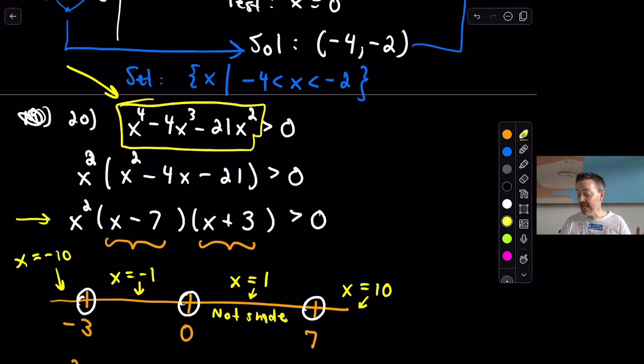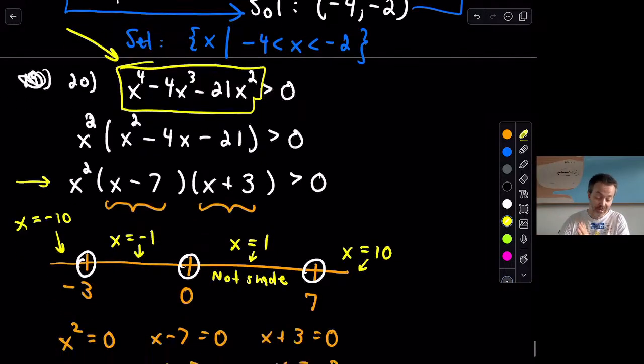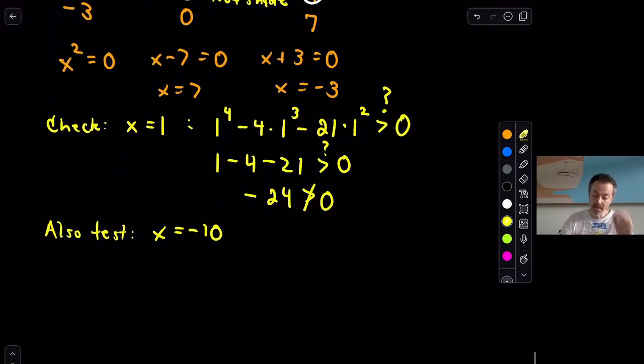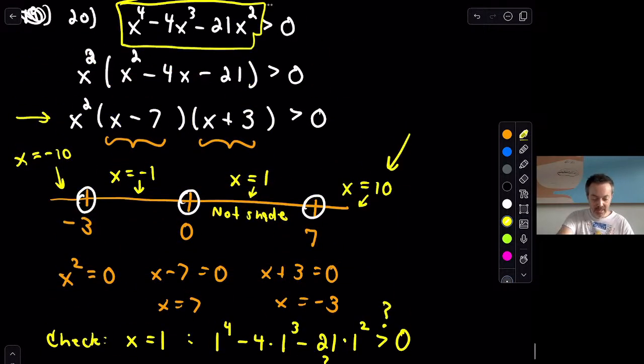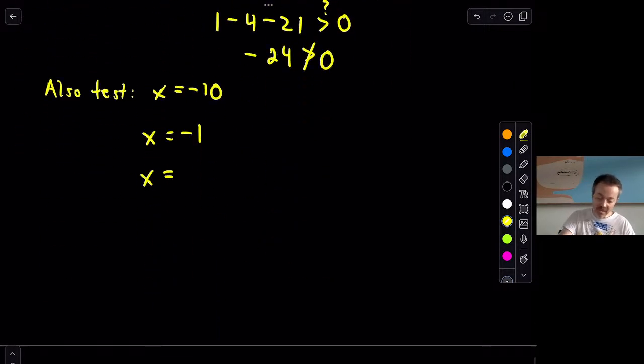I'm going to plug in -10, do the arithmetic, and I'm going to say, is it greater than 0? If it is, I shade it in and say those values are good. If it's not, like in what we did just now, I would say we don't use those values. I would also have to test x equals -1, and then I also picked x equals +10. So I would then have to test those remaining values.